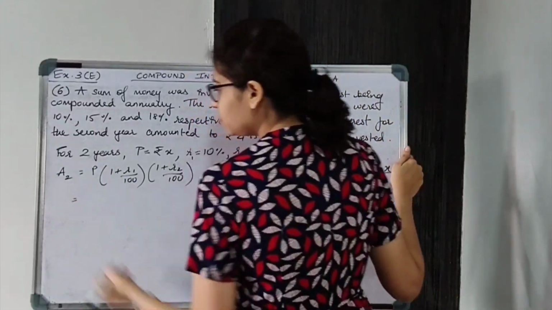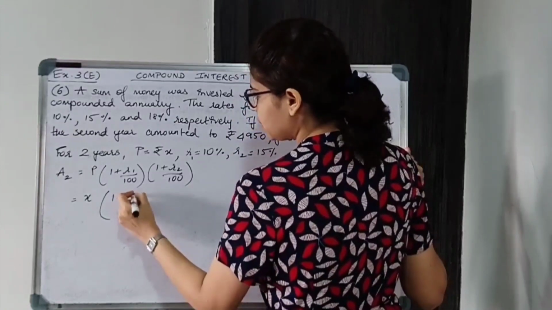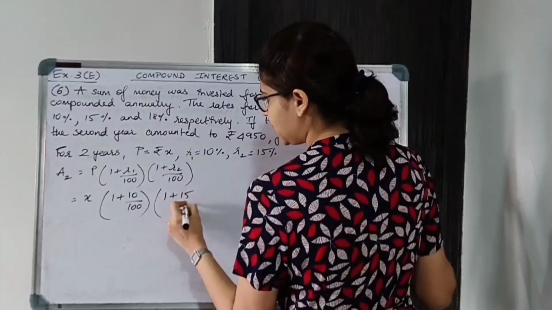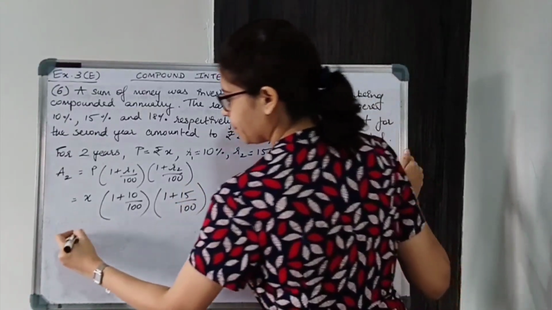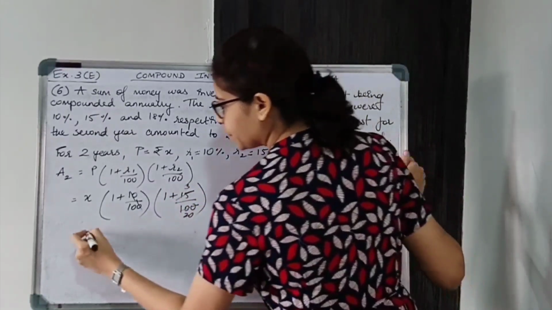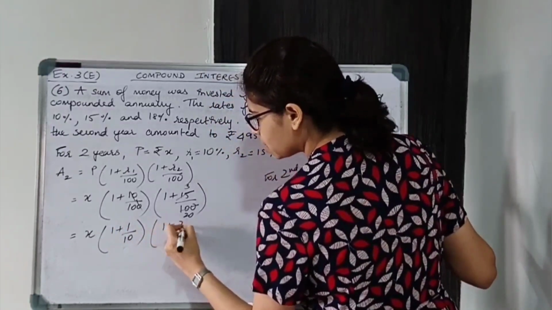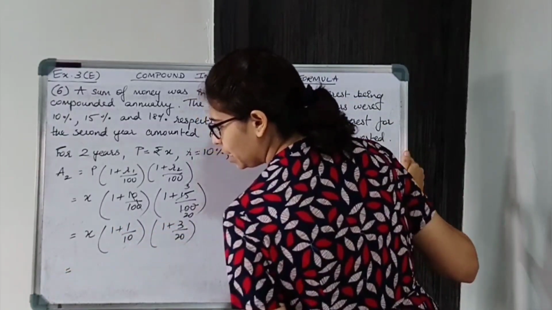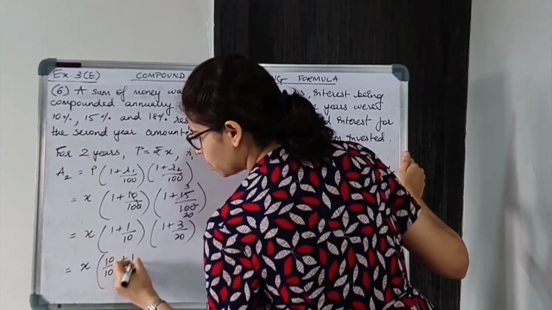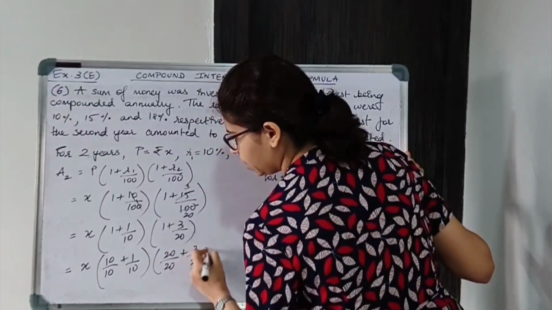So principal is x rupees, 1 plus r1 is 10 upon 100 into 1 plus 15 upon 100. 0 0 gets cancelled, 5 3s are, 5 20s are. So x into 1 plus 1 upon 10 into 1 plus 3 upon 20. So we get x into 10 upon 10 plus 1 upon 10 into 20 upon 20 plus 3 upon 20.